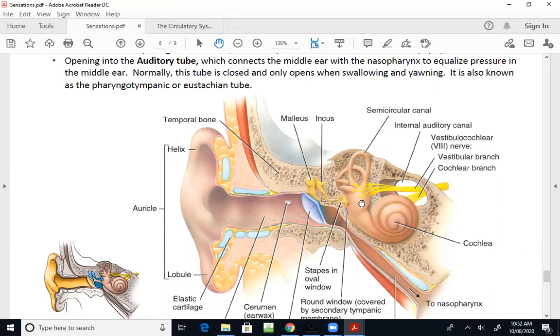I would also label right here where my hand cursor is, label that as what we call the vestibule. Vestibule is spelled V-E-S-T-I-B-U-L-E.